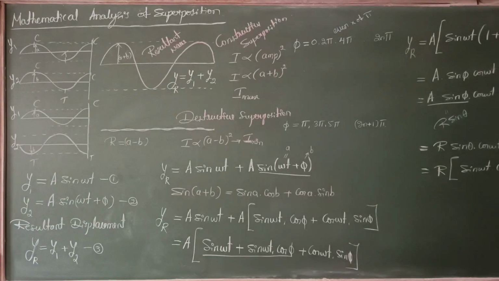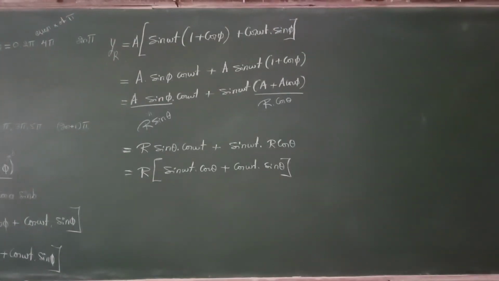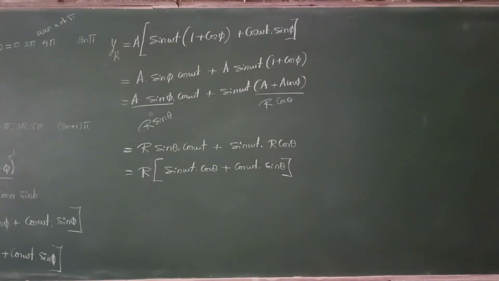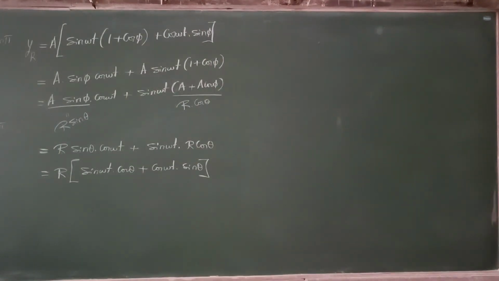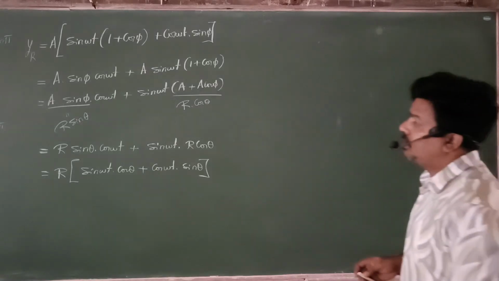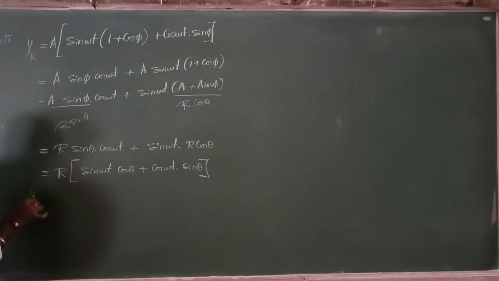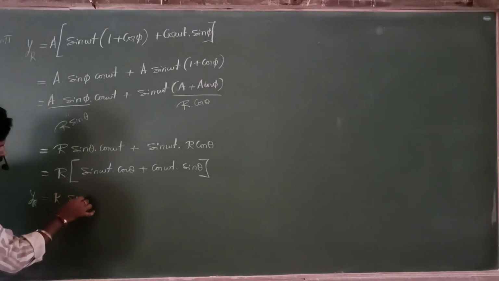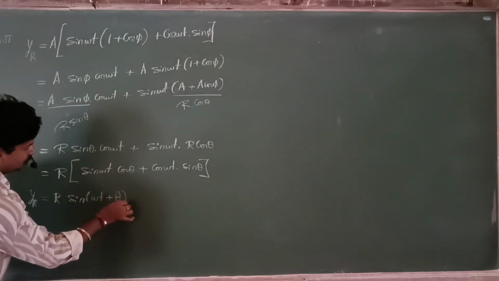So now what can we write it as? We can write the resultant displacement: this is the resultant displacement r into sin omega t plus theta.